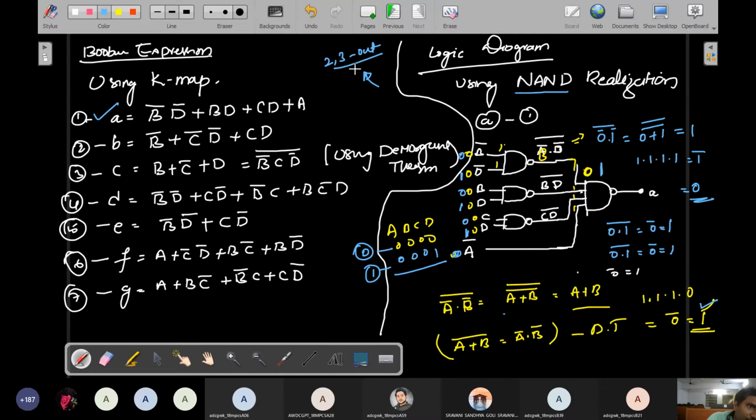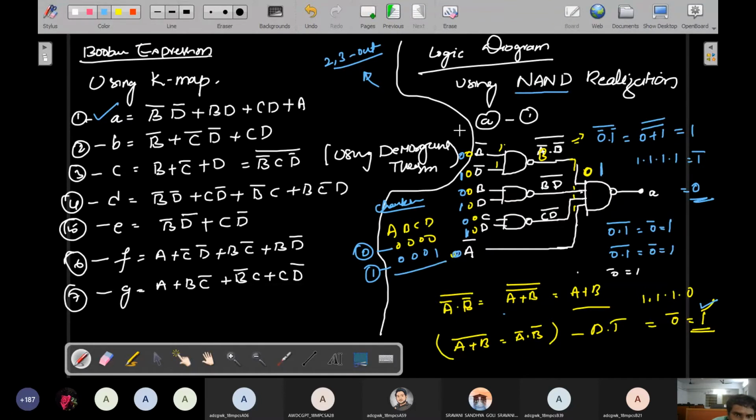Out of these two or three outputs you can explain like that, because this is for checking purpose. Checking whether this diagram shows the correct output value or not. For that purpose I use the checking condition. So you will write the checking condition for any one of the outputs. You select any three outputs, A, B, C. Due to this A, B, C, first of all draw the logic circuit for these three outputs, and finally you have to check at least one output for exam purposes.